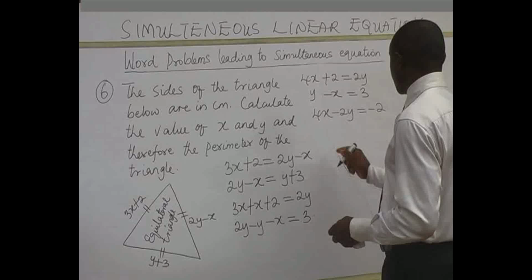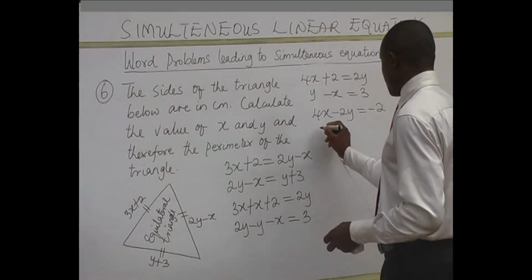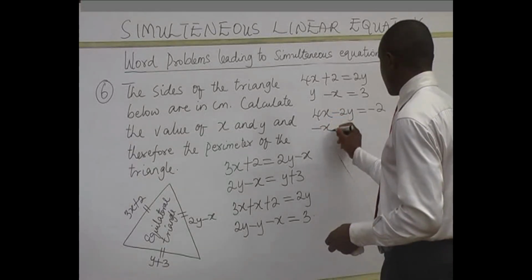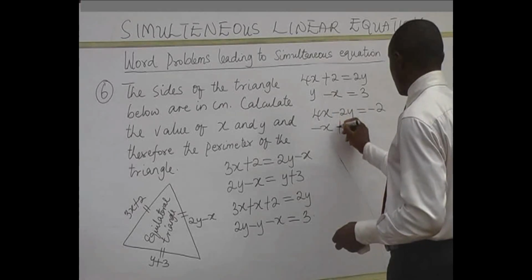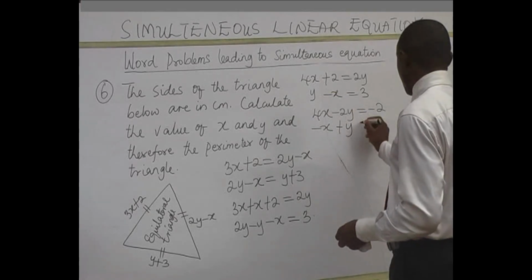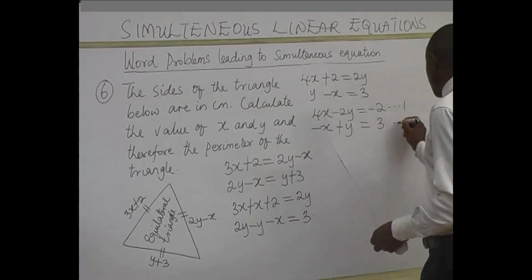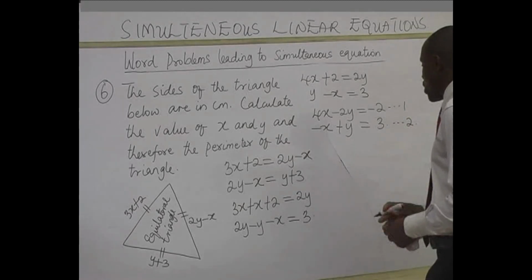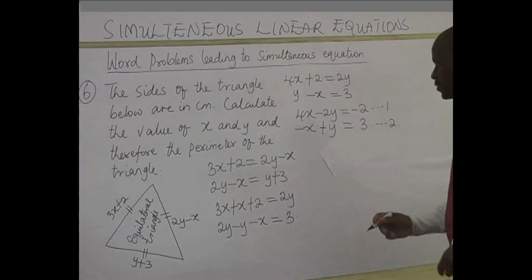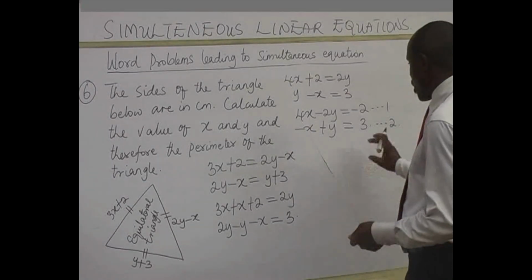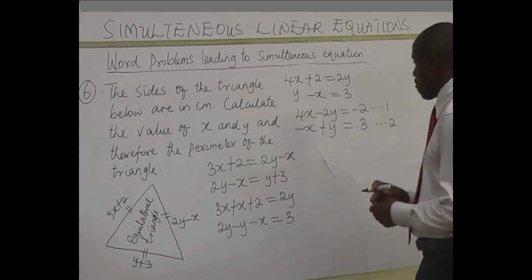The second one, we already have minus x plus y is equal to 3. So this is our simultaneous equations.